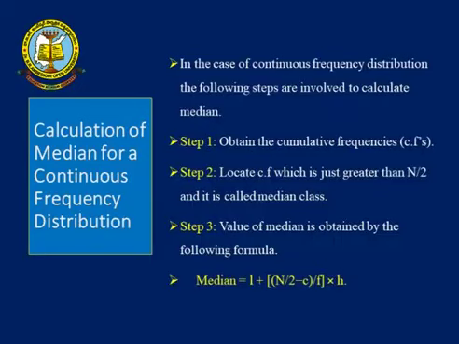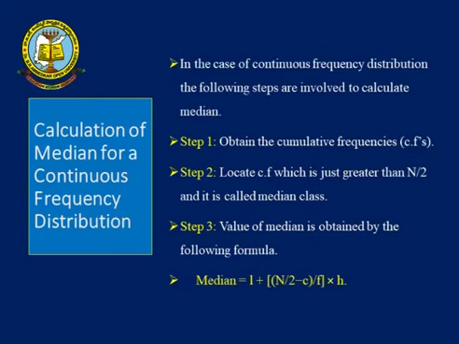Okay. Next, this is the process for the frequency distribution. Next, calculation of the median for a continuous frequency distribution. In the case of a continuous frequency distribution, the following steps are involved in calculating the median. First step, obtain the cumulative frequencies. Cumulative frequencies means keep adding together up to the particular value.